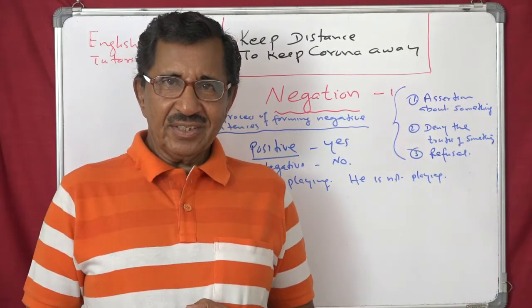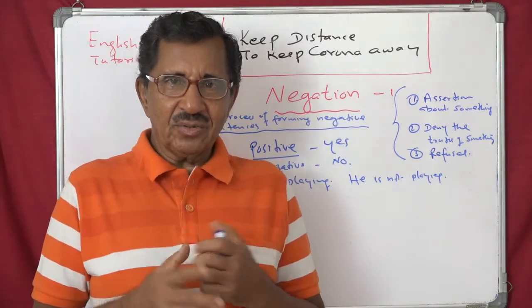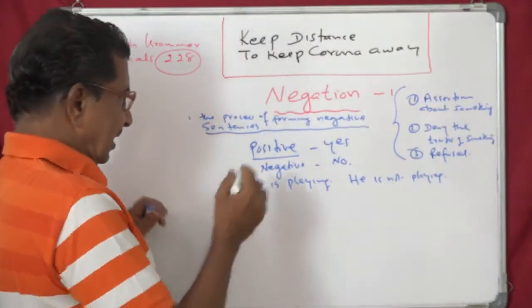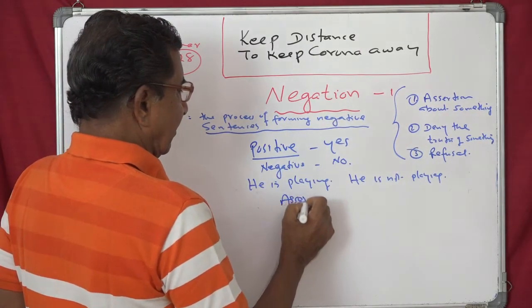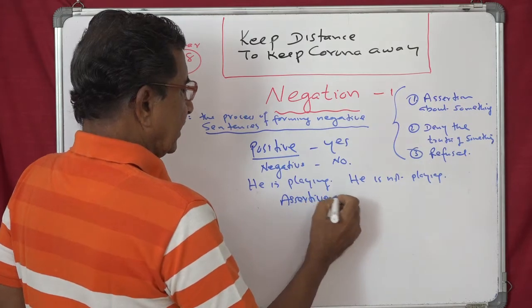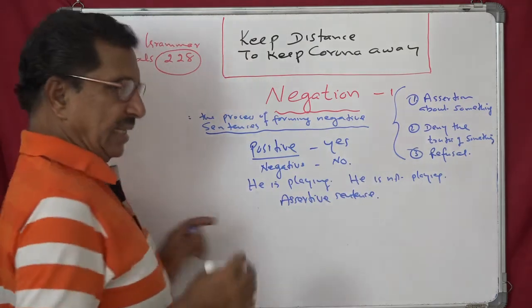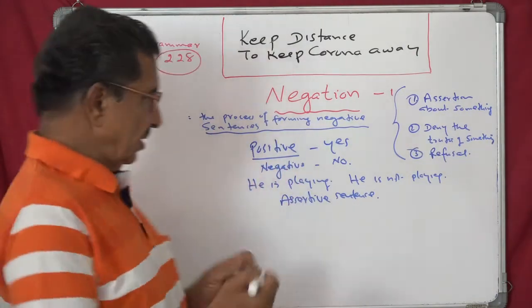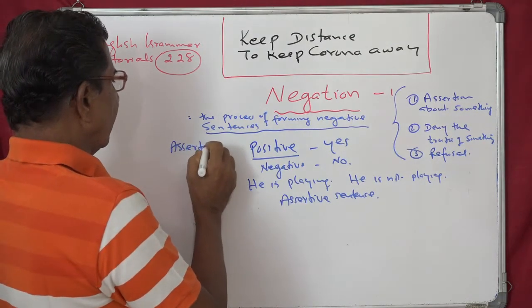In a positive sentence, or we say assertive sentence, another word for that is assertive, saying that something is there, assertion. Either we can say positive or we can say assertive.